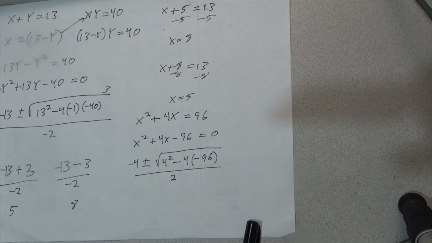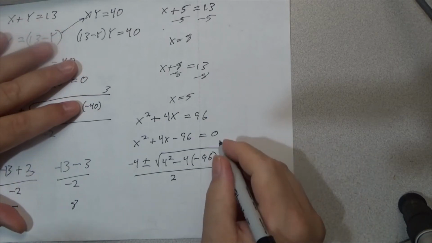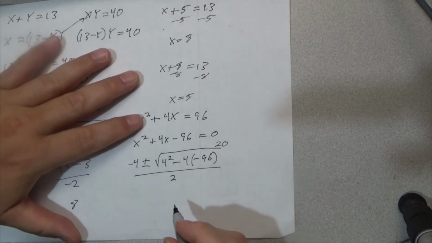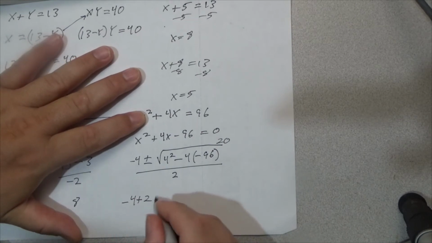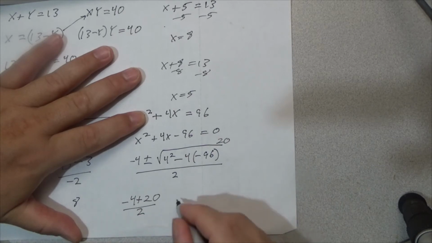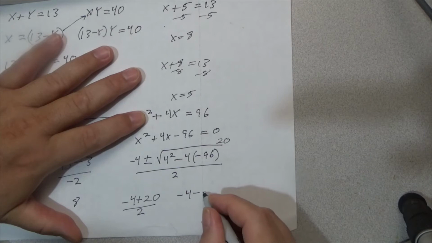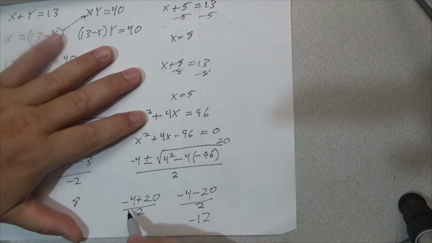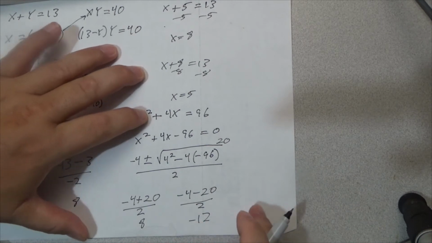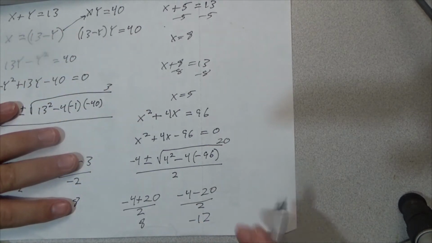Square root of 16 minus 4 times a negative 96. All of that equals 20. Most of these are coming out to be nice, neat numbers. So we've got minus 4 plus 20 divided by 2 and minus 4 minus 20 divided by 2. So this one's going to be a negative 12. I can see that. And this one is going to be 8. Ta-da!